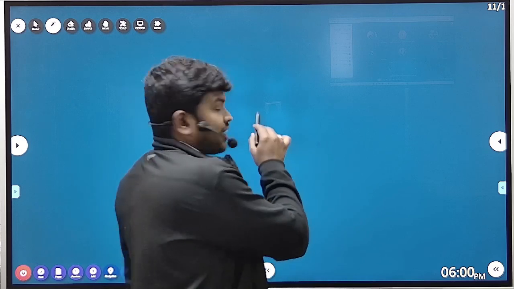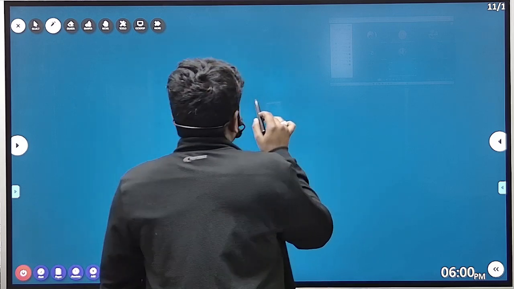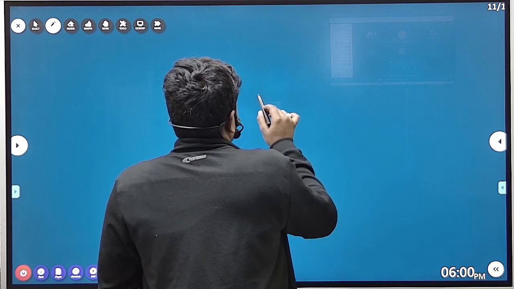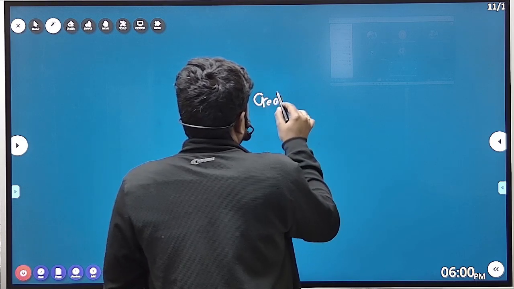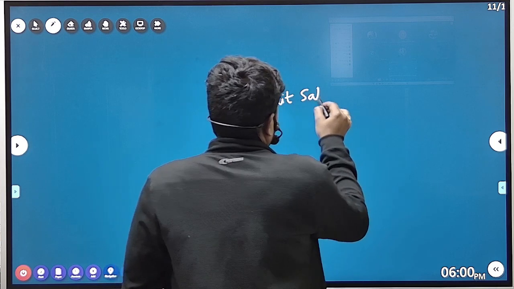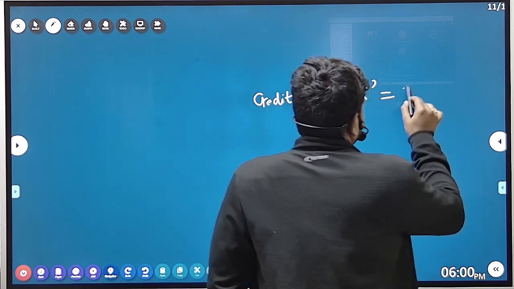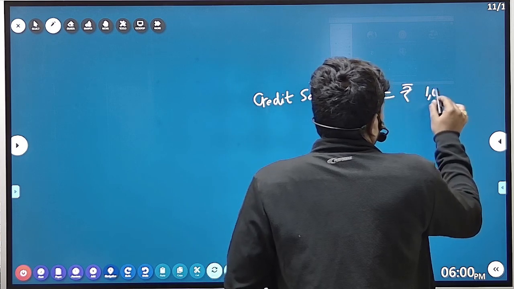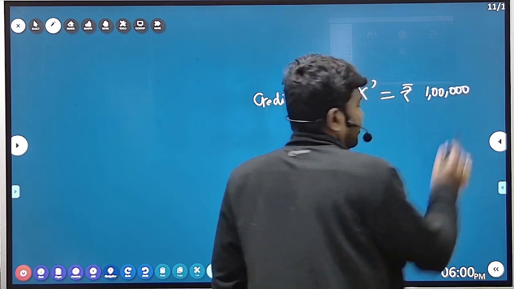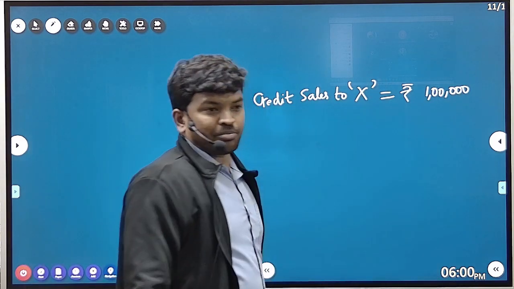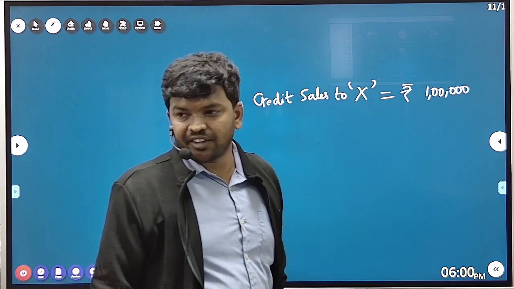Say for example, I sold to one debtor on credit. Credit sales to Mr. X, 1 lakh rupees, okay?